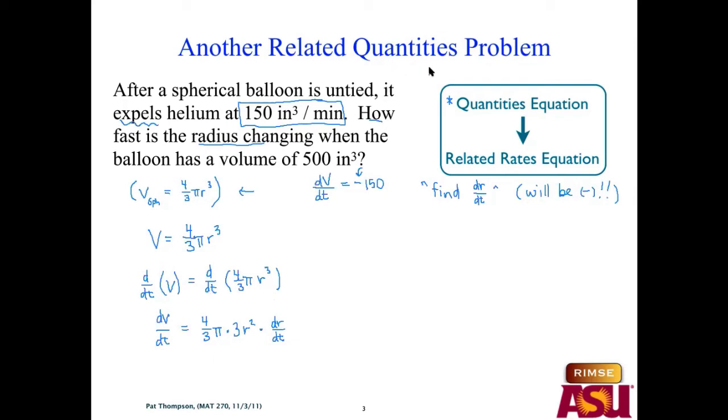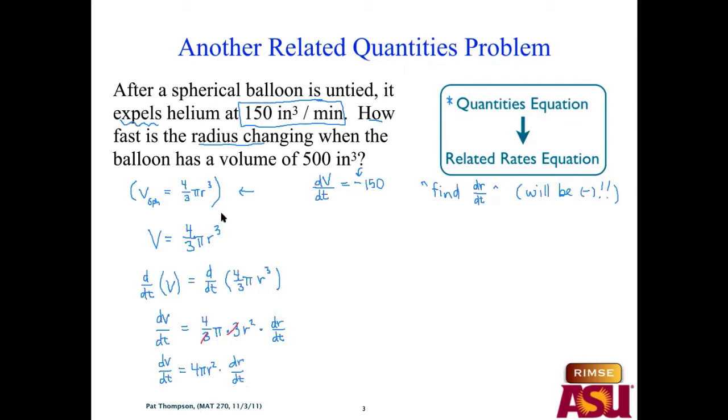And what I mean by I'm going to clean this up, this 3 and that 3, I can make this look a little bit less messy. It's not a big cleanup, but this gives us that dV/dt, the rate of change of the volume, is 4 pi r squared times dr/dt.